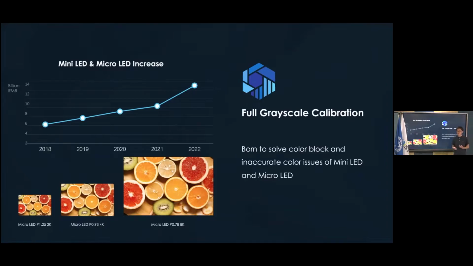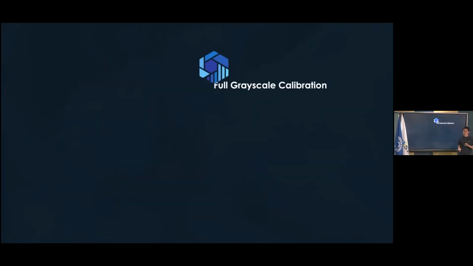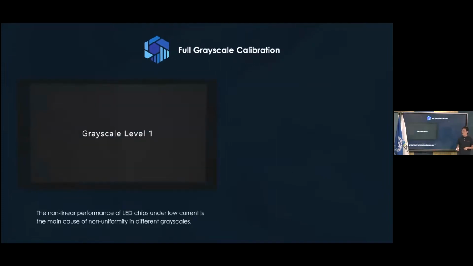That is a problem for us. If we want to keep the quality of mini LED and micro LED products going, we have to solve this problem. So first we have to know why this problem with color blocks and non-uniformity at low brightness is caused.